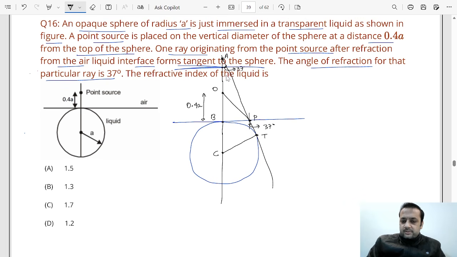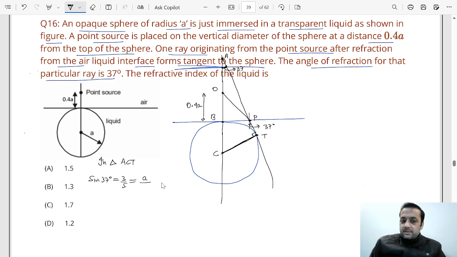Now I'll use some geometry here. In triangle ACT, this angle will be 90 because this is the radius and this is the tangent. So in triangle ACT, sine 37 will be perpendicular upon hypotenuse. Sine 37 is 3 by 5. That will be the perpendicular, which is A, upon the hypotenuse, which is AC.